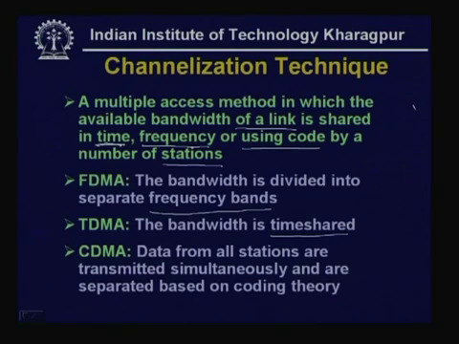On the other hand, in CDMA, the data from all stations are transmitted simultaneously and are separated based on coding theory. So here we find that it is neither frequency shared nor time shared, but it is based on coding theory. So all are transmitting simultaneously in terms of frequency and time, and being separated by using coding theory.